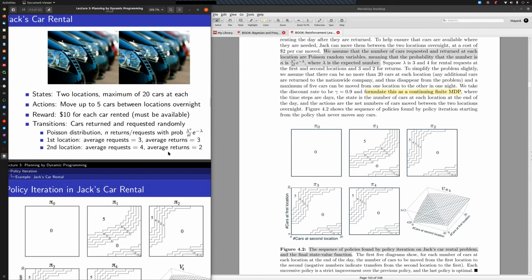Yep, totally agree. But this is treated as a continuous problem because if we look at the environment dynamics, those cars need to be at some location at any point of time.